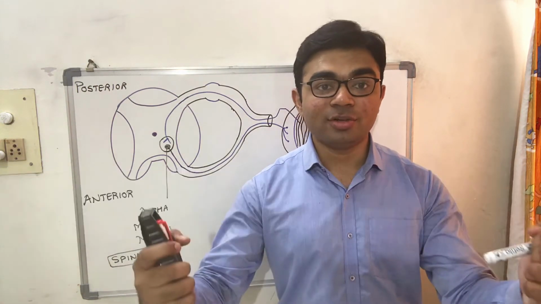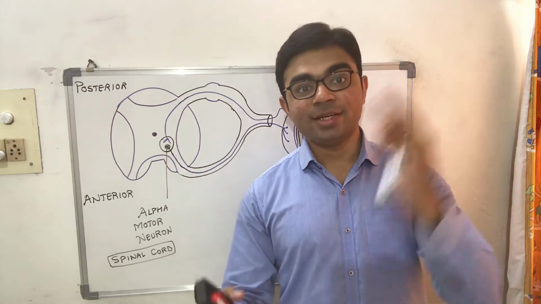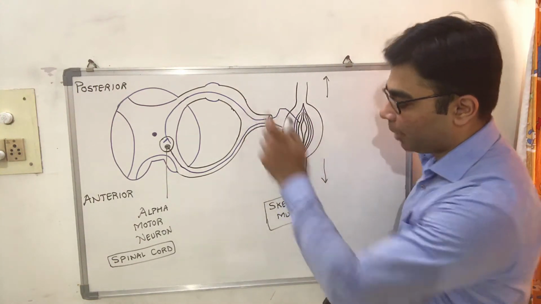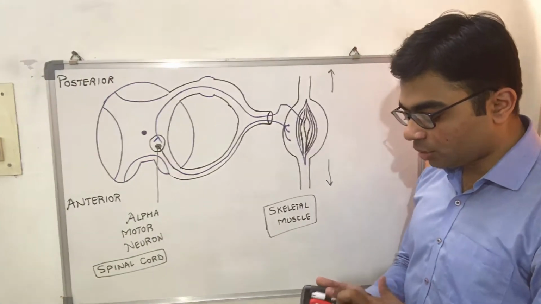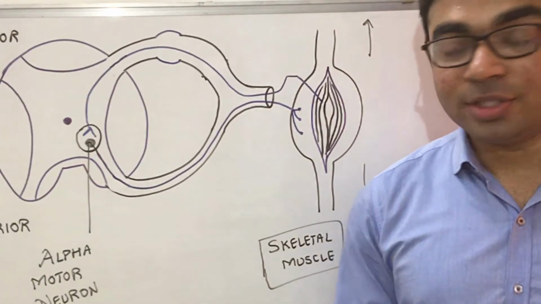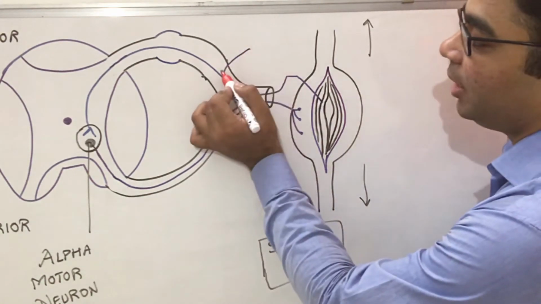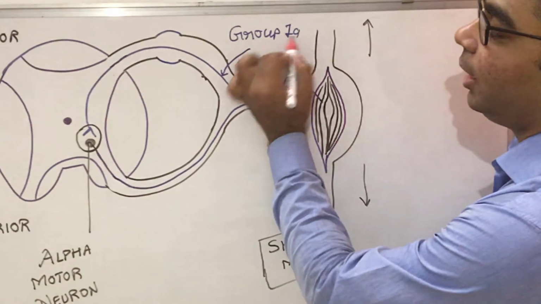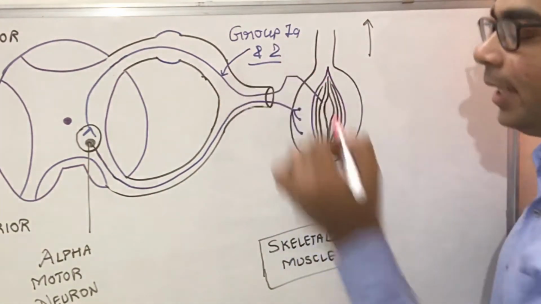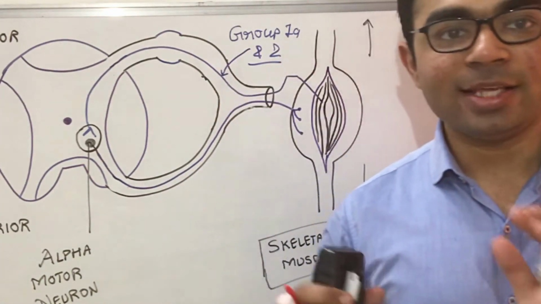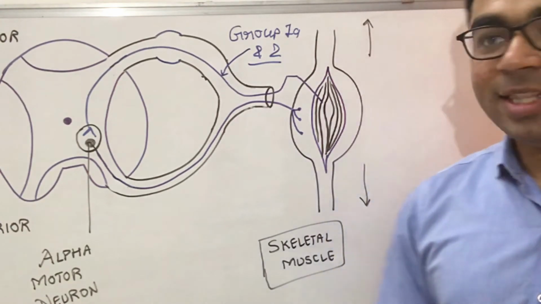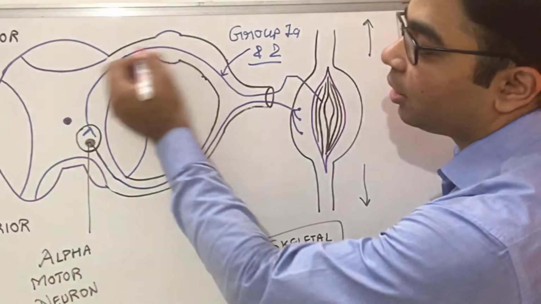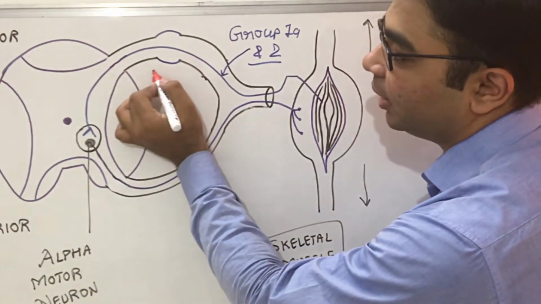So stretching causes a change in length which is detected by the muscle spindle, and the muscle spindle sends sensory impulses. The sensory impulses are carried by group 1A and group 2, or the primary sensory ending and the secondary sensory ending, which carry the impulses to the spinal cord via the posterior nerve root, or the dorsal side.